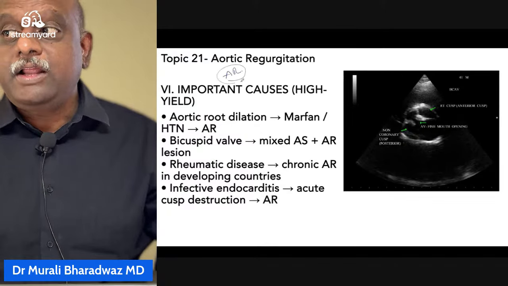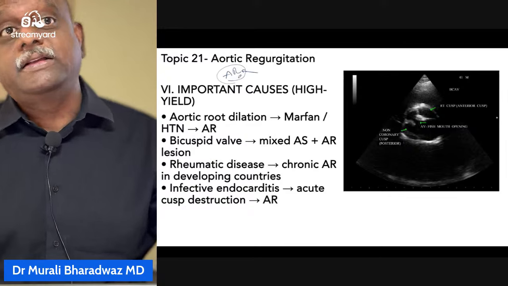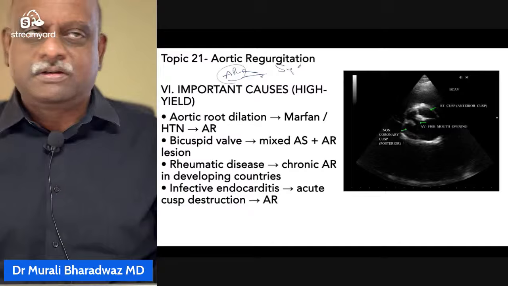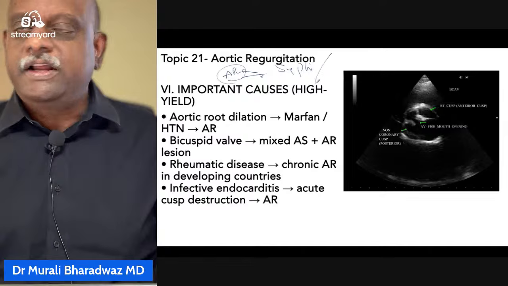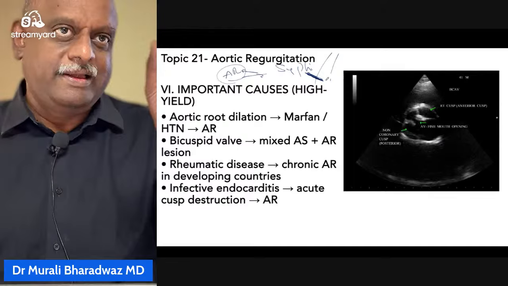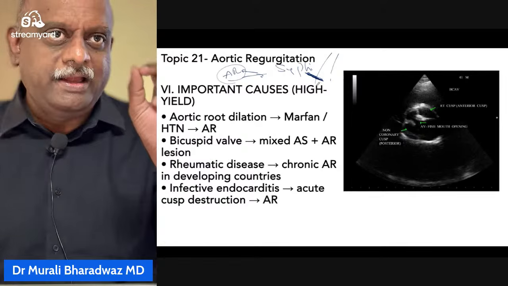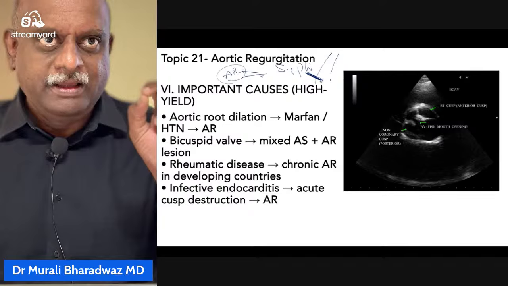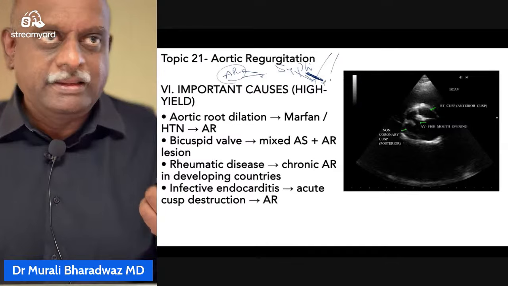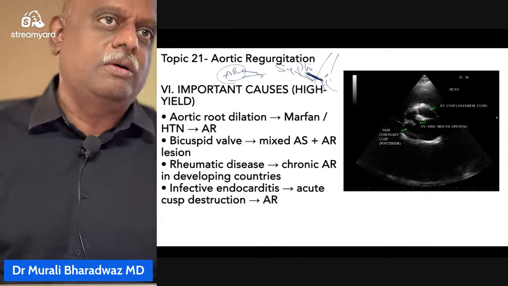When we were undergraduates, AR used to be easy to find. Why? Most common cause of AR is syphilis. Syphilis leads to endarteritis of the valve, the vessels supplying the valve. That led to aortic regurgitation, very common.